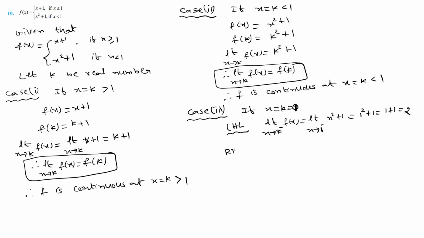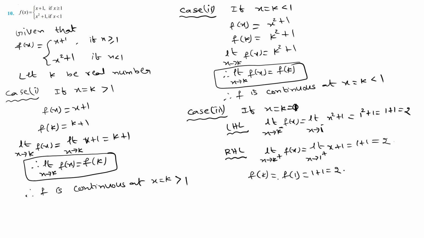Next, RHL, limit x tends to k plus f of x is equal to limit x tends to 1 plus, where f of x for x greater than 1 is x plus 1. So x plus 1 means 1 plus 1 is equal to 2. Next, f of k also: k is nothing but 1, f of 1 is 1 plus 1, so this is 2.